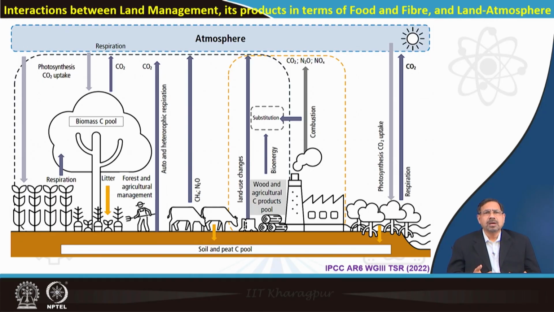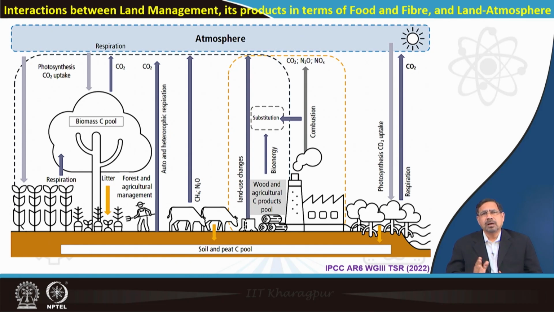Finally it decomposes, and whatever carbon is there in the litter is again deposited in the upper soil. So, the soil is getting charged with respect to carbon or carbon dioxide.